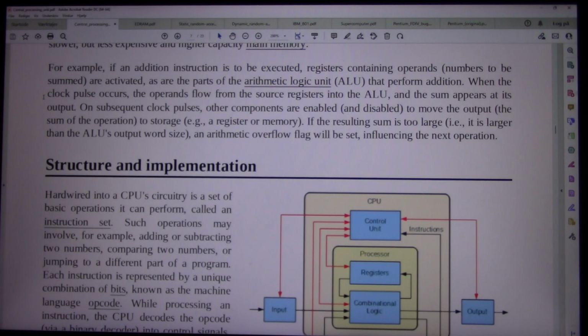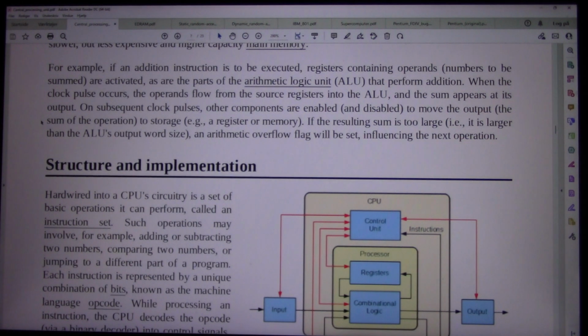On subsequent clock pulses, other components are enabled and disabled to move the output, the sum of the operation, to storage, for example, a register or memory. If the resulting sum is too large, i.e., it is larger than the ALU's output word size, an arithmetic overflow flag will be set, influencing the next operation.